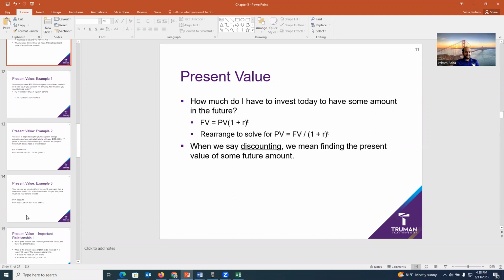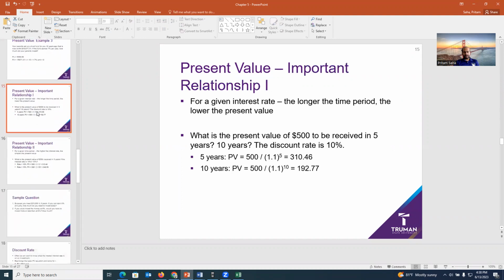Let's say you have two projects, both giving you 5% rate of return, but one will give you $100 5 years later, and the other will give you $100 8 years later, same interest rate, same future value.